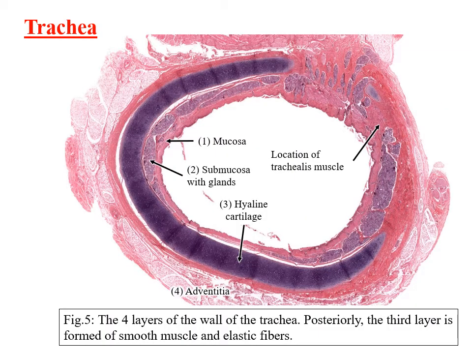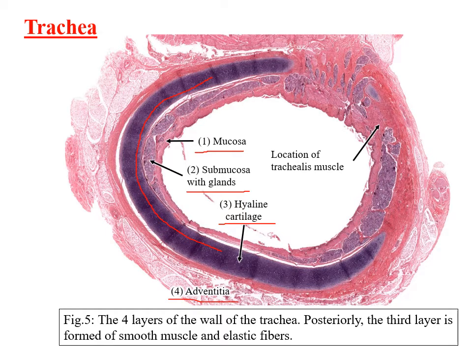Now regarding the trachea, the tracheal wall is formed of mucosa, which is epithelium and lamina propria, and submucosa, which contains several glands. The third layer is hyaline cartilage, a C-shaped hyaline cartilage, as you can see. And finally, the fourth layer is the connective tissue adventitia.